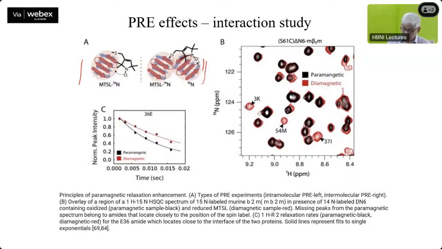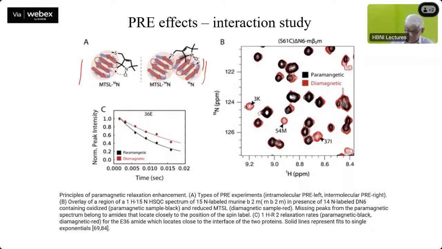Now you can see this, and these are the relaxation rates. The relaxation rate is telling you about the decay, so the decay is with respect to time, right? Peak intensities are decreasing with time. So with T2 measurements, you look at how the peak intensity is changing, and that will give you the relaxation rates. See, proton R2 relaxation rates for E36 amide, which is located close to the interface of the two proteins.